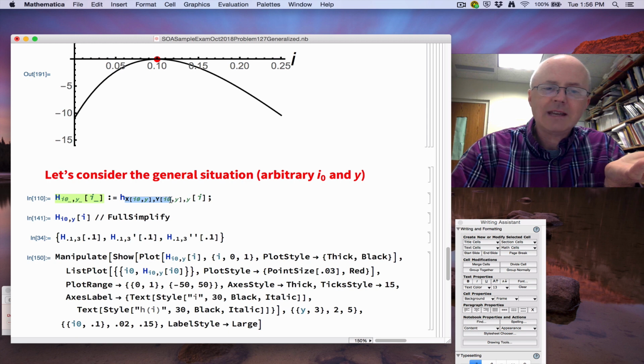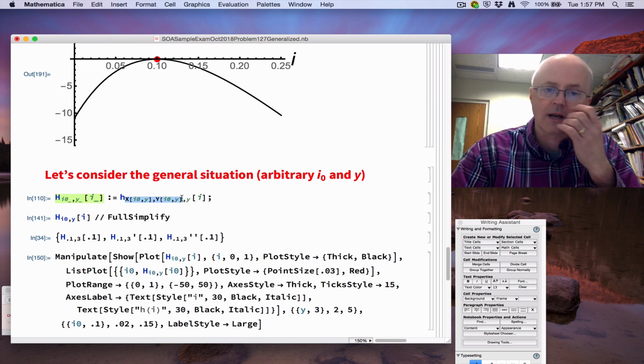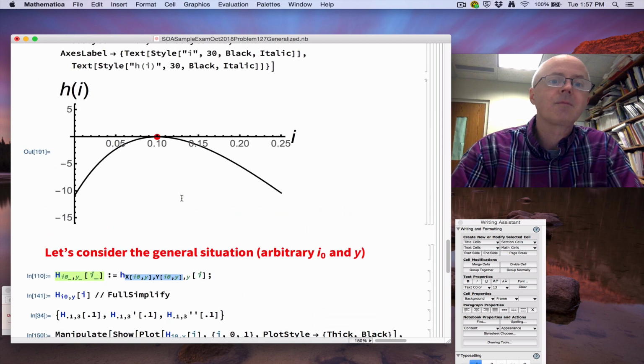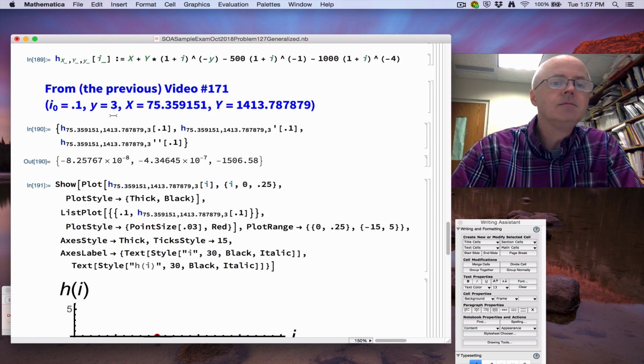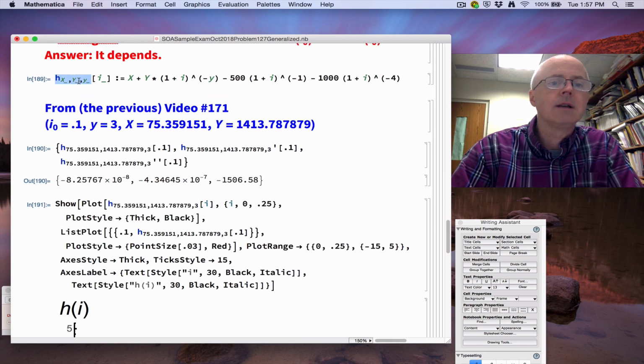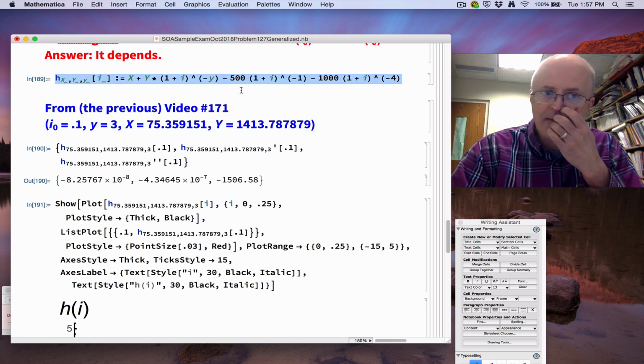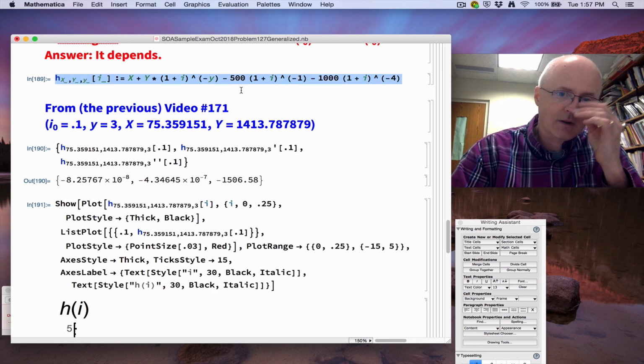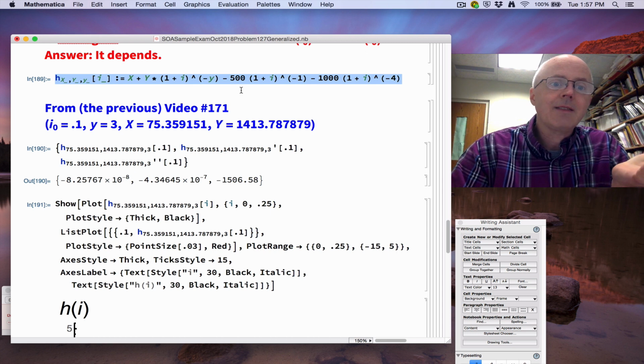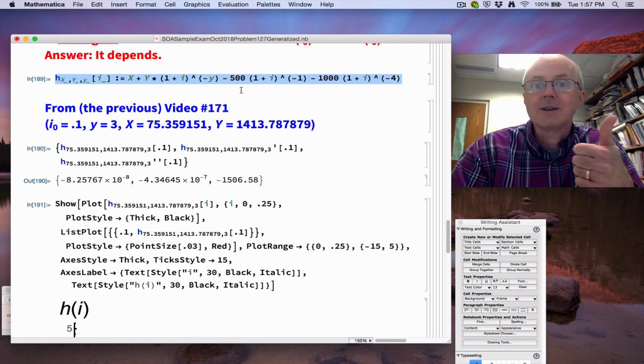Notice I'm plugging in capital X and capital Y, the functions, capital X of I0, y and capital Y of I0, y in here. Why am I doing that? Here's the key thing: when I've defined this little h up here, that function, as far as Mathematica is concerned, doesn't know whether present values and durations have been matched or not.